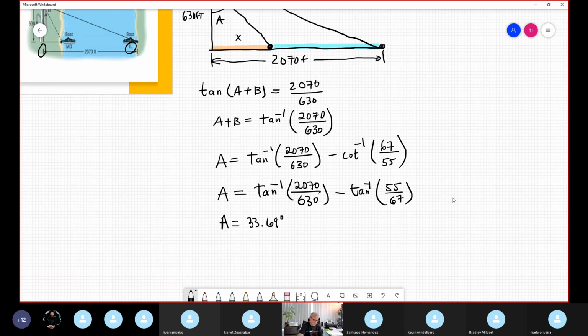2070 divided by 630 minus, subtraction outside the parentheses, tangent inverse again, 55 divided by 67. Close the parentheses, press enter. Boom! 33.69 degrees.